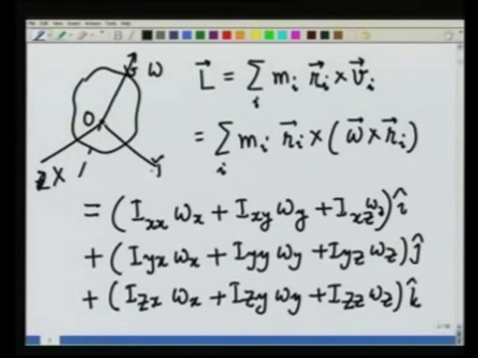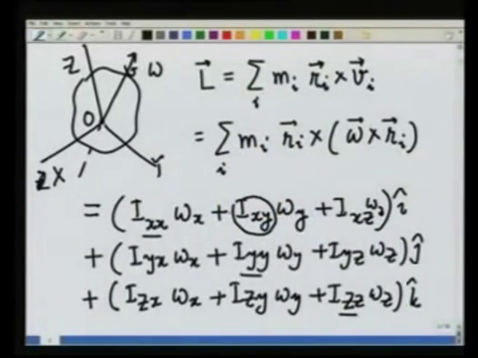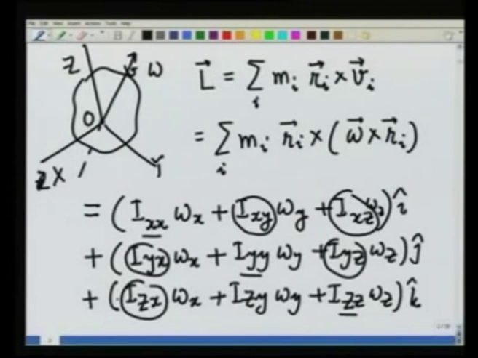And therefore, in general, to calculate the angular momentum, I need all these quantities. The diagonal elements Ixx, Iyy and Izz are the moments of inertia about the x-axis, y-axis and z-axis respectively, and the off diagonal elements are the products of inertia. So, in general, it is quite a quantity to calculate.